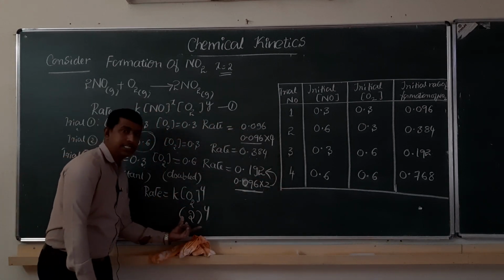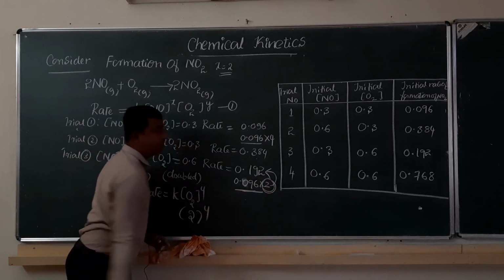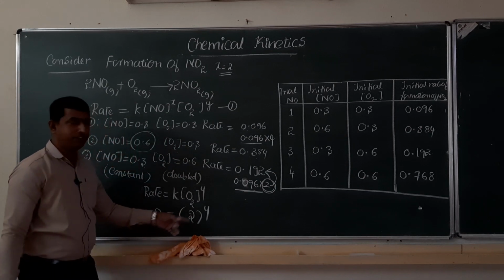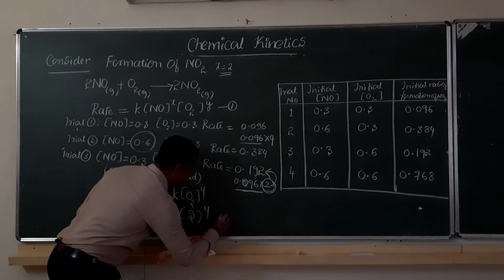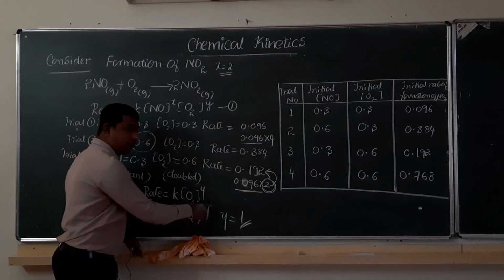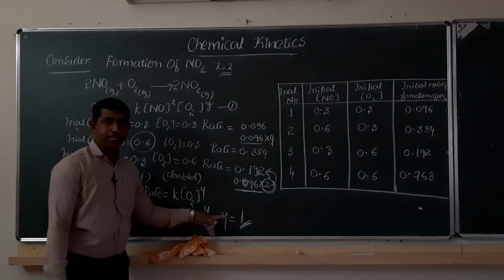So when the concentration of O2 is doubled, rate also increases by a factor of 2. So what is the value of y? It must be equal to 1, so 2 to the power 1 is 2. So the value of x is 2, the value of y is 1.